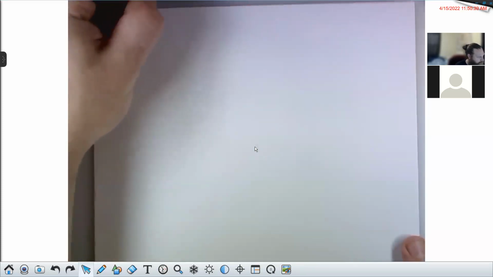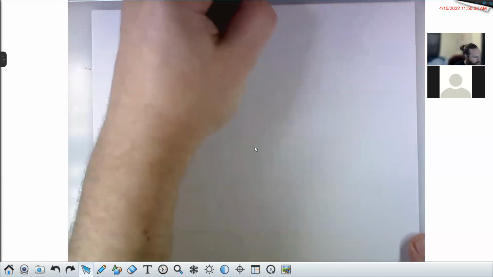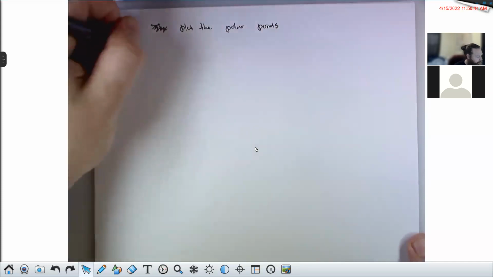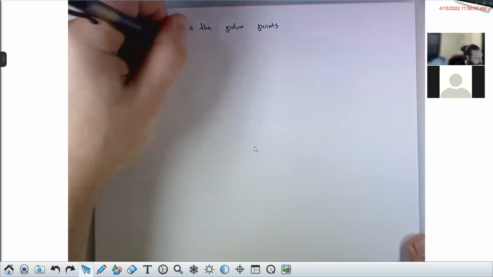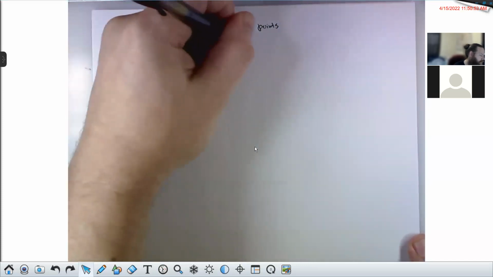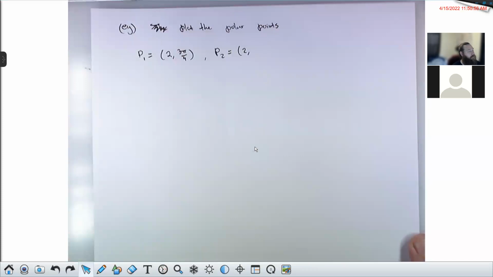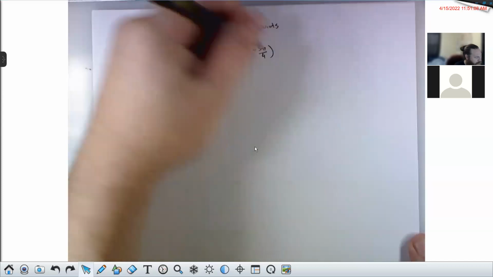So here's an illustration. Let me plot the polar points. I'll call them P1 is 2 comma 3 pi over 4. P2 is 2 comma negative 5 pi over 4.